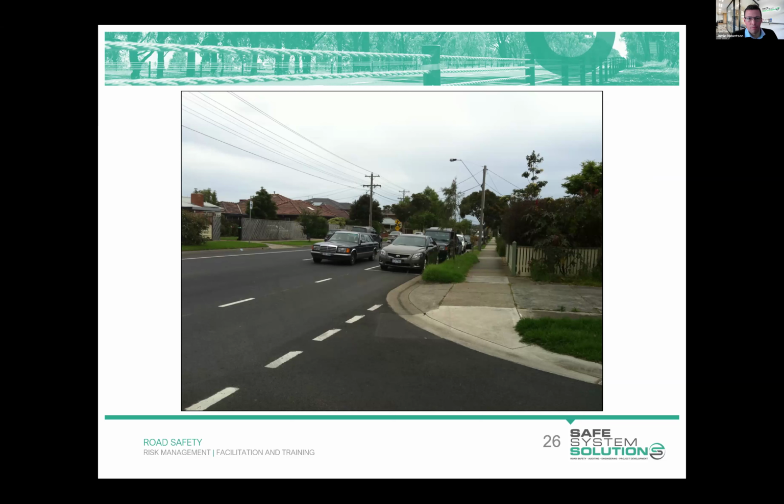Similarly, you might have a design background and think, well, this is a good option here. I've seen this happen elsewhere. I'm going to tell them what I think would be the best thing for them to do. If for some reason that can't be achieved, then perhaps the client or the project manager might respond to the audit and say, well, we can't achieve this recommendation for this reason and this reason and this reason, and therefore not accept the audit finding.